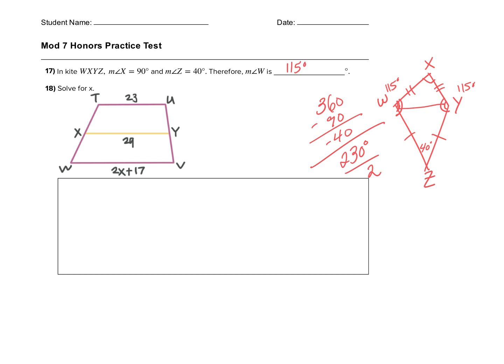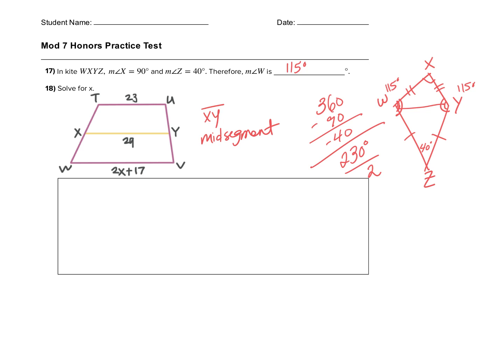Okay. The last question has to do with what we call, this is XY, a mid-segment of a trapezoid.